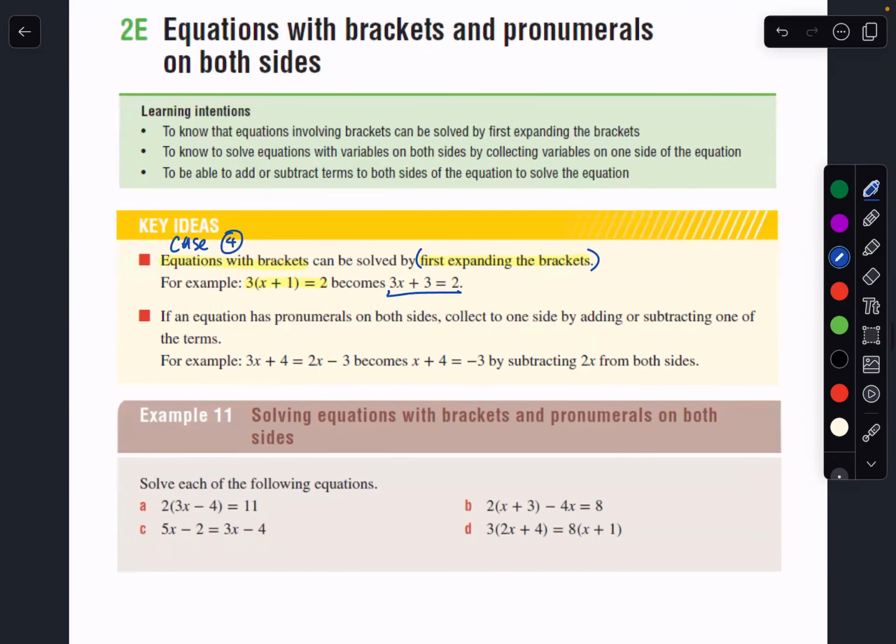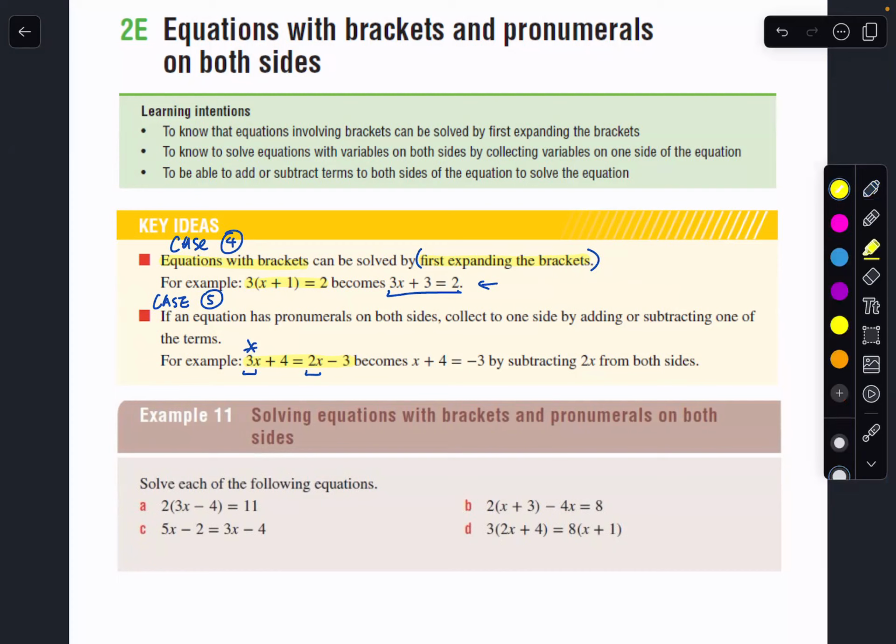All right, now let's have a look at case 5, which is an equation that has the unknown on both sides. What does it mean? It means that on both sides you have x. The ones we've learned before only have x on one side, but in this case, we have x on both sides.